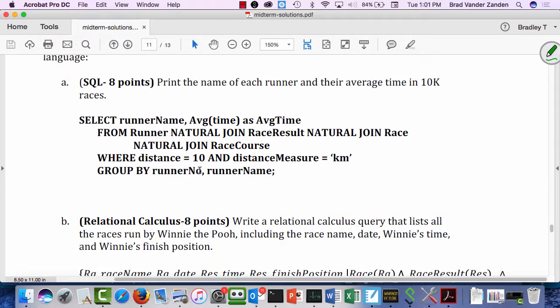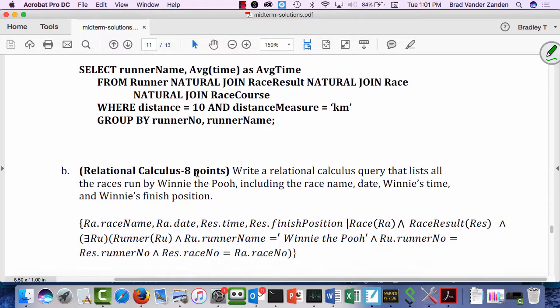Ideally, you would have grouped by runner number, which is unique, and runner name. By grouping on the runner number, you guarantee uniqueness, and by adding runner name to the group by clause, you're allowed to use it up in the select clause. So some of you that just grouped by runner number got 1 point taken off, and that's the reason. Technically, you can't have runner name up in the select clause unless it's down in the group by clause.